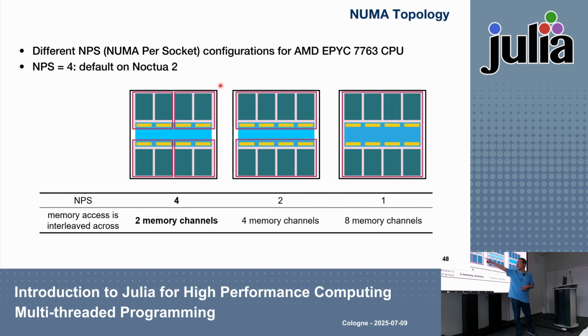This can be set in the so-called BIOS, basic input-output system. So basically, 2 CCDs, in total 16 CPU cores, are grouped together, and this is the so-called NUMA domain, non-uniform memory access domain. Then for one socket, which contains 64 CPU cores, there will be 4 NUMA domains.